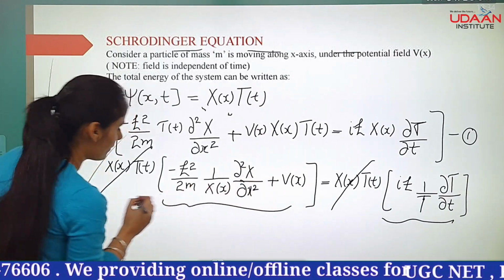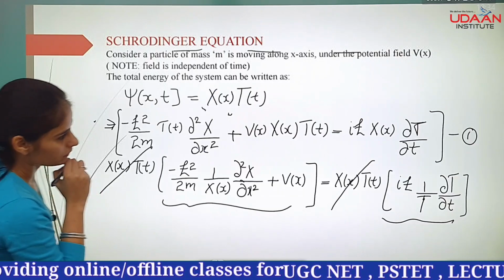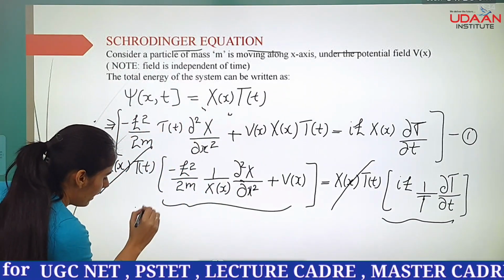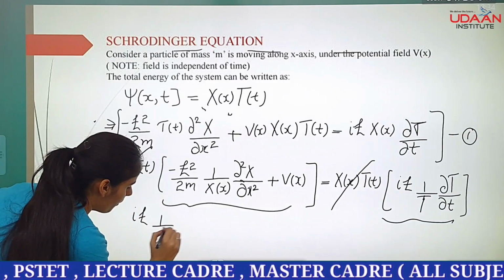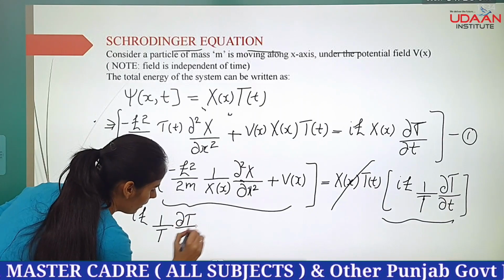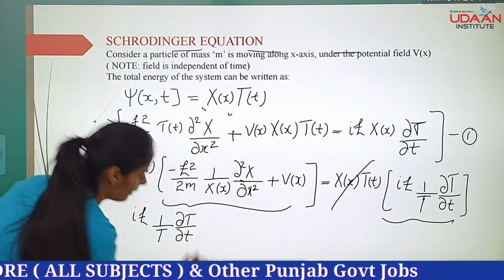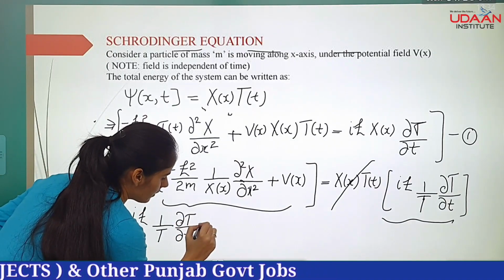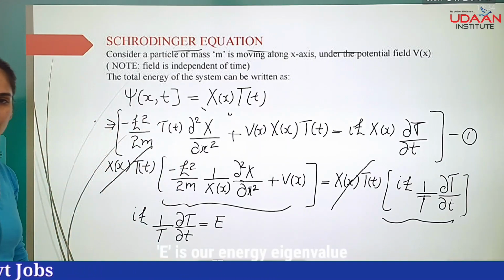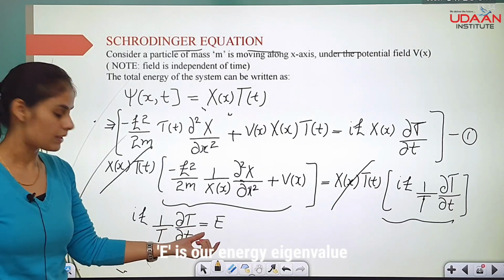So what we are having here is iota h bar 1 upon capital T del capital T upon del t is equal to our energy. Okay, so here E is the energy.